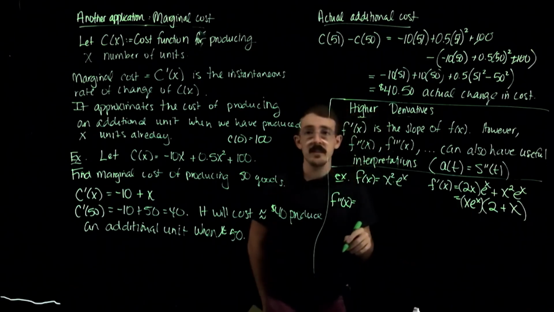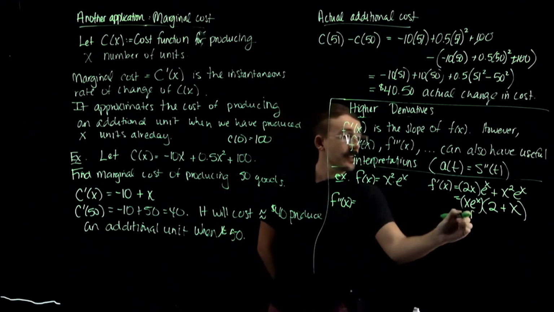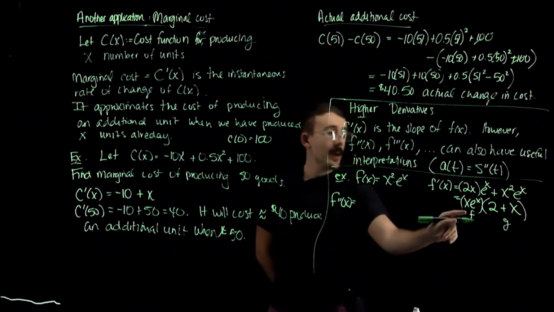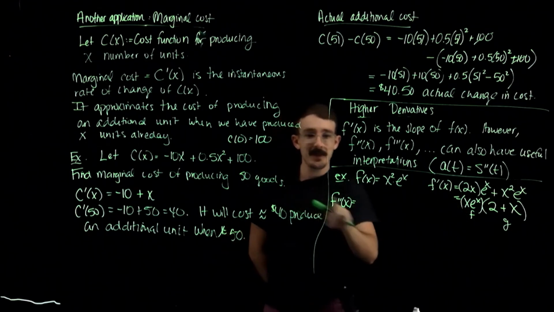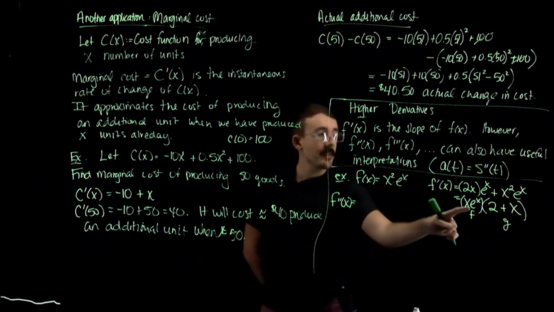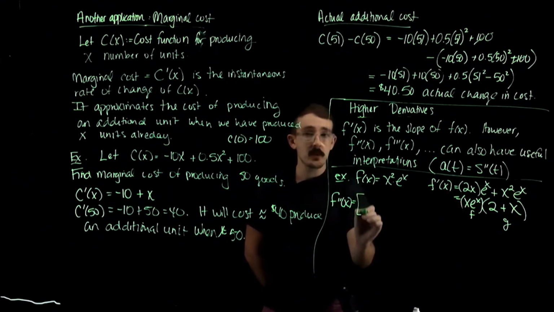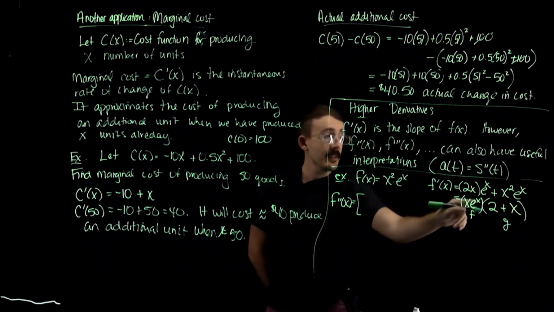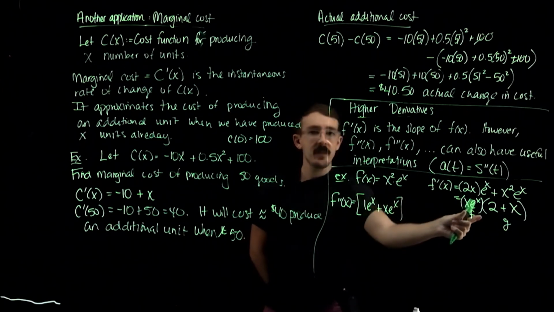I'm going to take the derivative of this. So here's a function, and here's a function. However, one of my functions is a product. OK, let's do the derivative. So what is the derivative of the first one? Well, it's x e to the x, so that's a product rule. So the derivative of this first one is 1 e to the x plus x e to the x. So I took the derivative of this by doing a product rule.